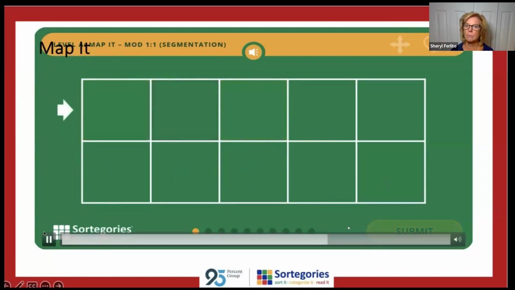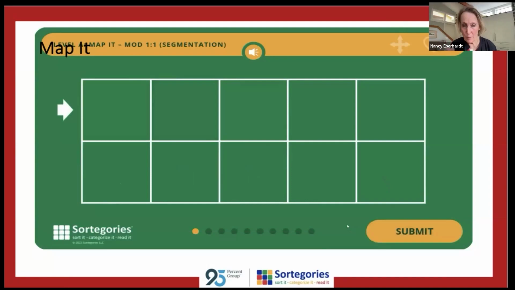The word is at. I want to stop and make a comment about the value of a technology tool in a situation like this particular skill, because if certain children need more practice, we want to be sure they're practicing correctly. And there's only one teacher and then a whole lot of students.